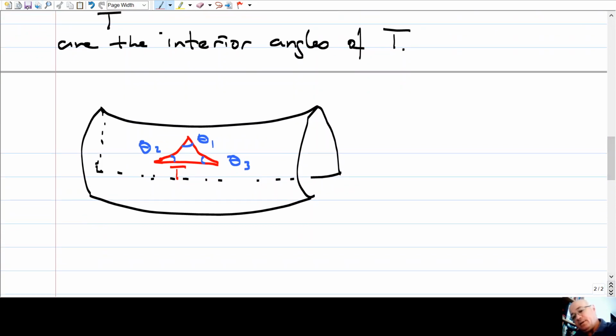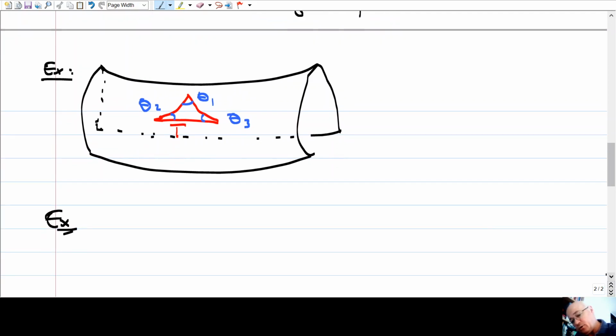One actually obvious example is the following. Let me do another example. Let's take our surface.